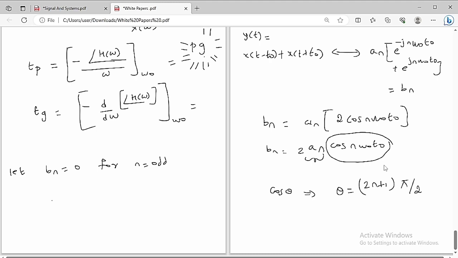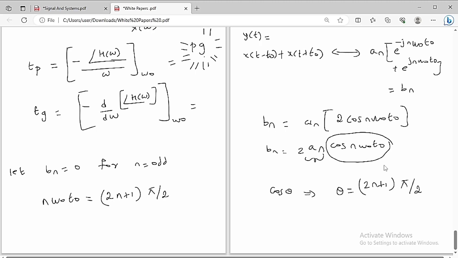So n into omega naught t naught should be equal to (n plus 1) into pi by 2. Then only we can say cos theta will have 0 values, and theta is equal to (n plus 1) into pi by 2.